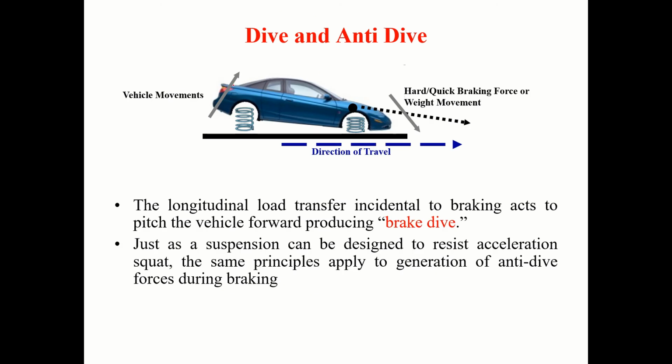Okay, if you are braking, then the load gets transferred from the rear to the front. The vehicle dives. That one is called power squat. This is called brake dive. So obviously you have to have linkages which can resist dive.